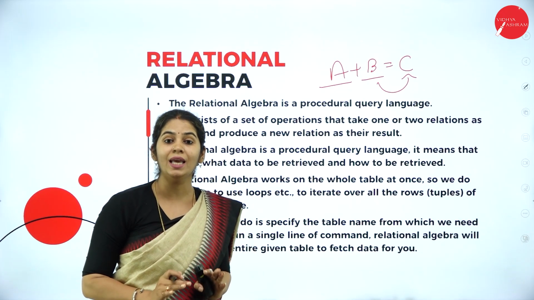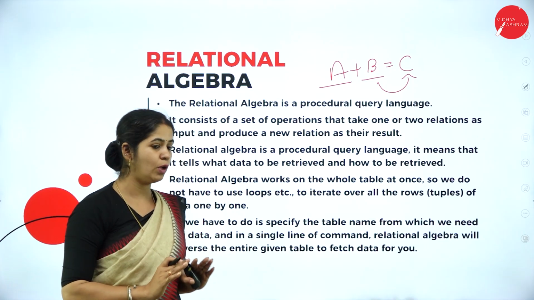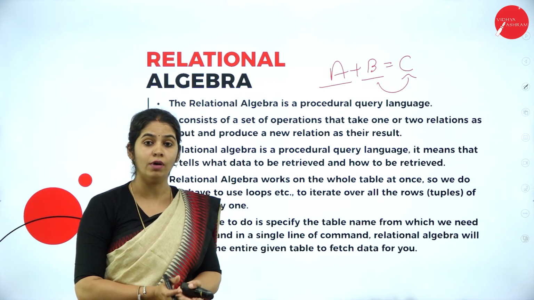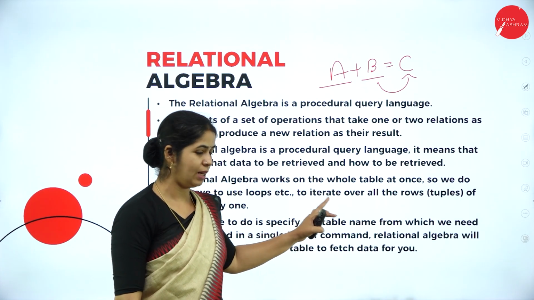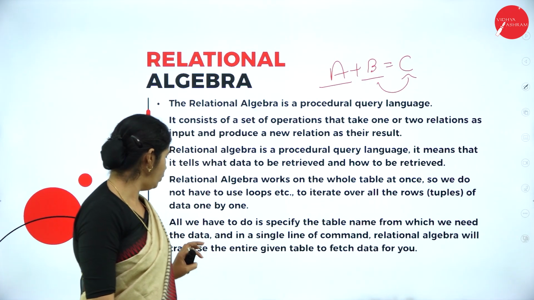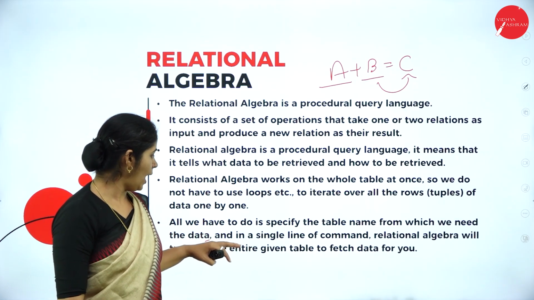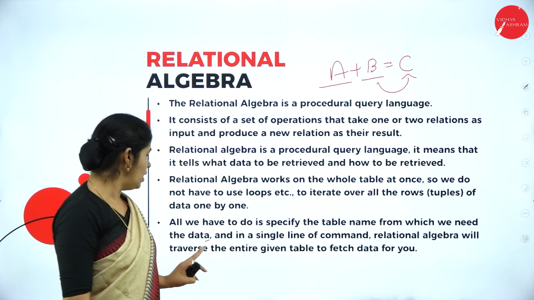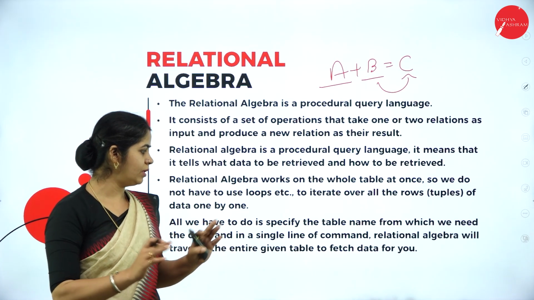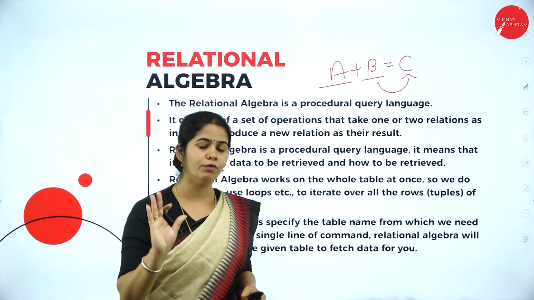We are not using any types of loops here because we are working on the complete table. All we have to do is specify the table name from which we need to take the data, in a single line of command. Relational algebra will traverse the entire given table and fetch the data for you.